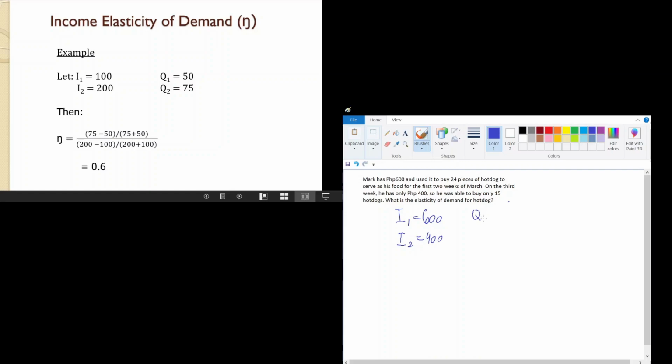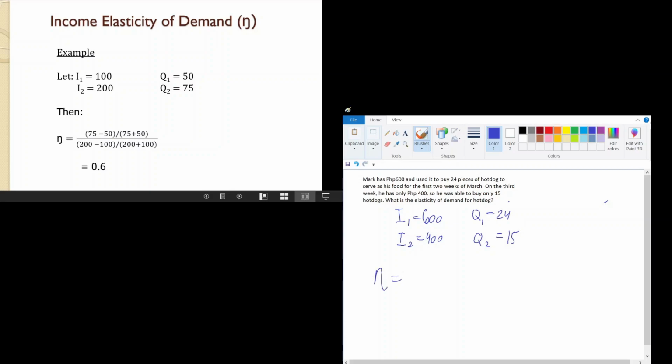So, nung 600 yung pera niya, yung quantity niya na nabili, or ilan yung hotdog na nabili niya, 24. And then, yung Q2, or yung hotdog na nabili niya, nung 400 na lang yung pera niya, 15 na lang yung nabili niya. So, 600 yung I1 natin, I2 400, and then Q1 24, Q2 is 15. So, we can now solve for the income elasticity.